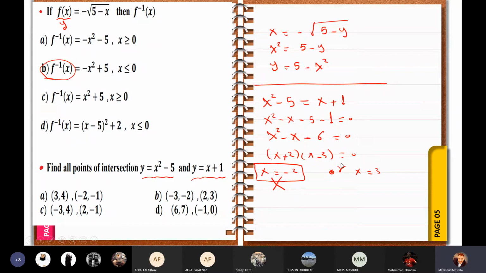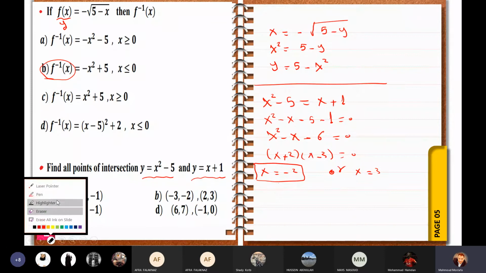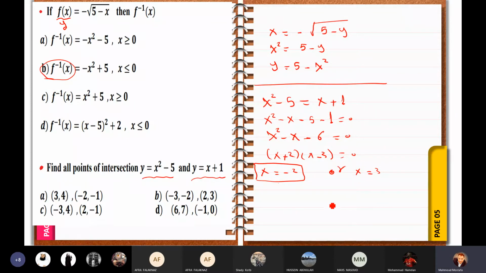So we have two values for x here. X is equal to negative 2 or x equal to 3. Now we need the value for y also. How to find the value for y? You can substitute in the first or second. I think the second is easier, which is y equals x plus 1. So if x is equal to negative 2, y is what?